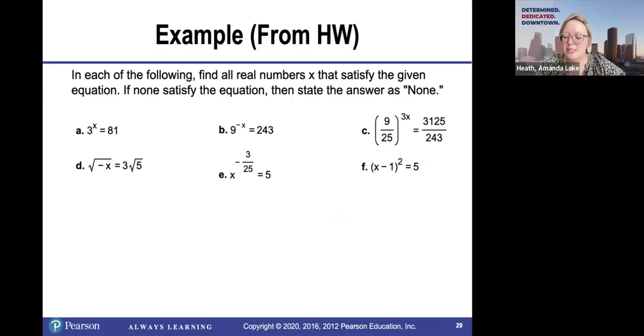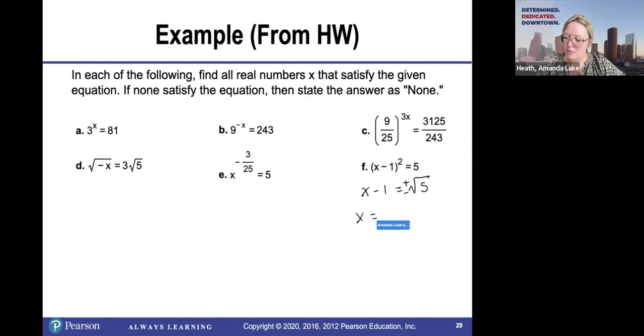And then the last example, I have (x minus 1) squared equals 5. If I take the square root of both sides, I'll have x minus 1 equals the square root of 5. The problem I need to watch out for here, because I've taken the square root, is that this can be either positive or negative.